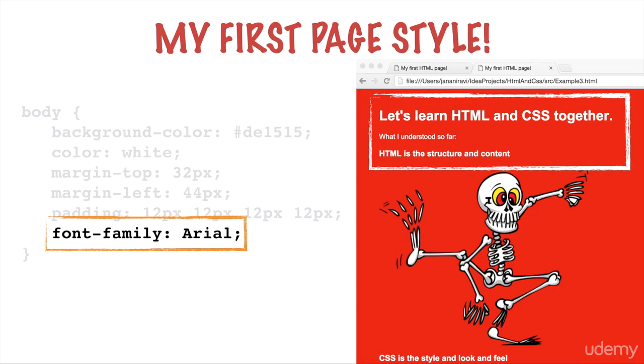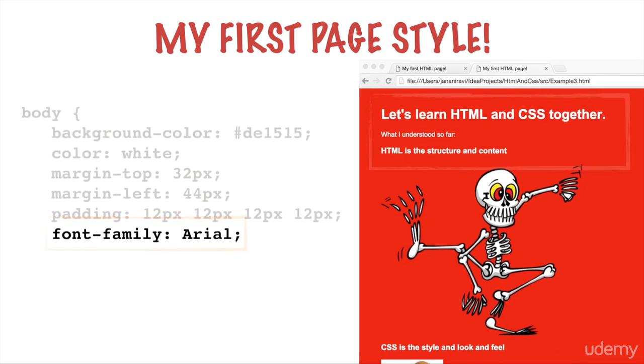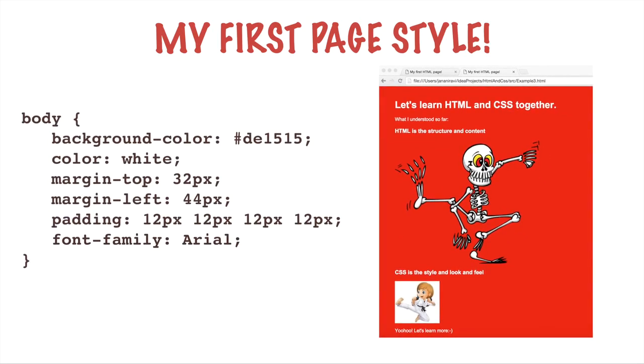And that's why this page looks the way it does. It now has a red background, a white font from the family Arial, and it's padded and nicely aligned on the page. And this dramatic transformation in the appearance of our page was occasioned using this relatively simple bit of CSS that you see on screen now.